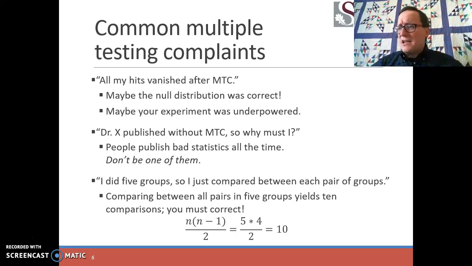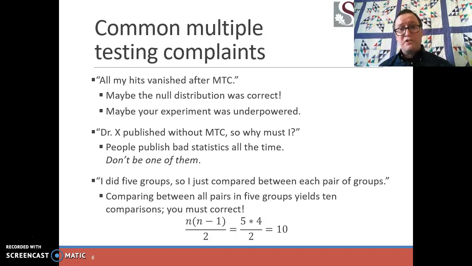The next thing is a difficult statement for people to hear, but one that they need to hear nonetheless. Sometimes a person with a very, very big name in the field writes a paper in which they do not use multiple testing correction. And they get away with it because the reviewers say, well, somebody as famous as Dr. X could not possibly be making a mistake. Well, the reality is that people publish very questionable statistics all the time.